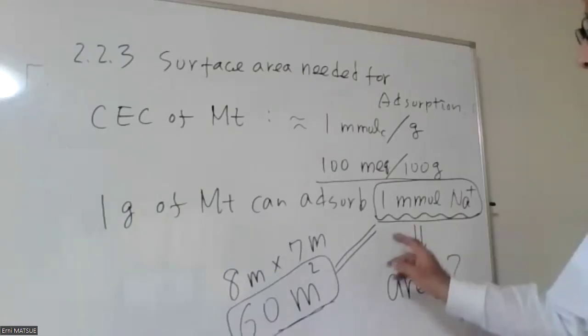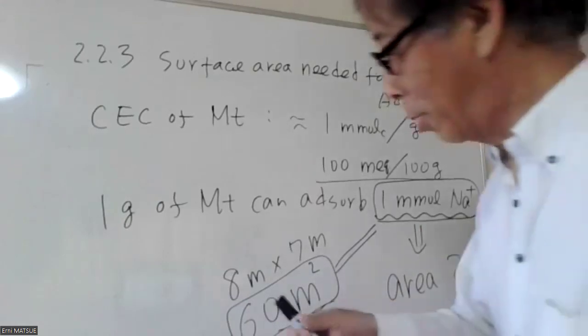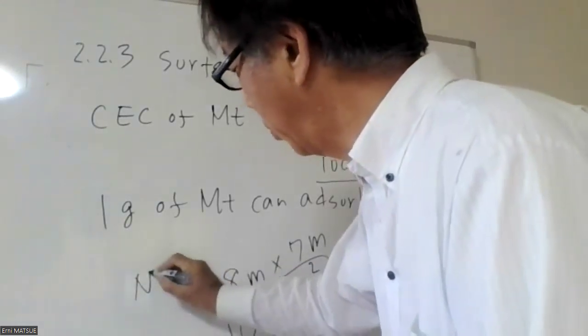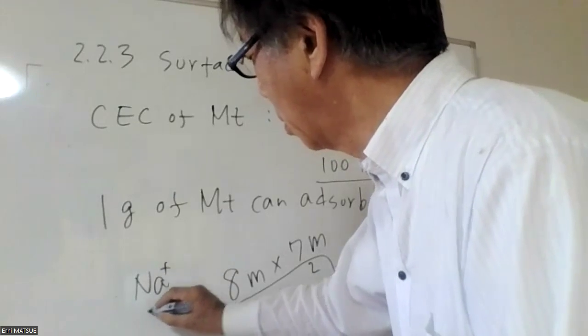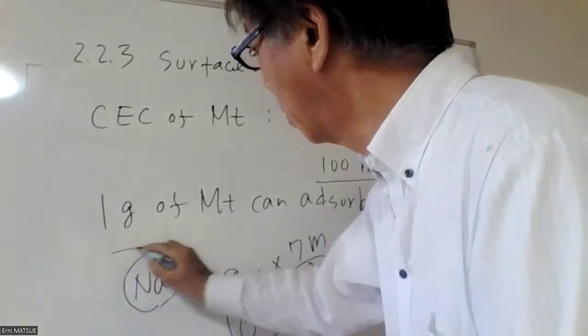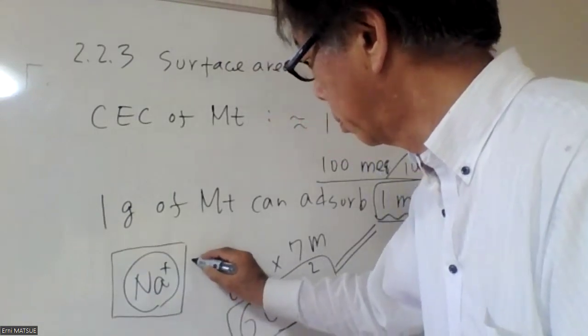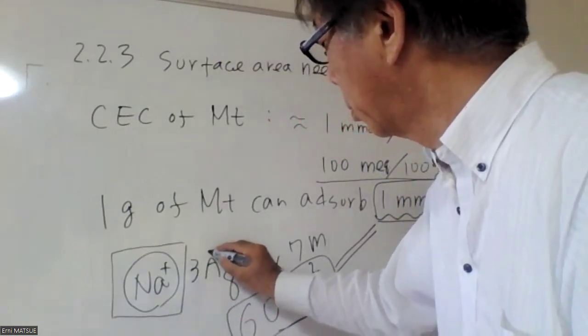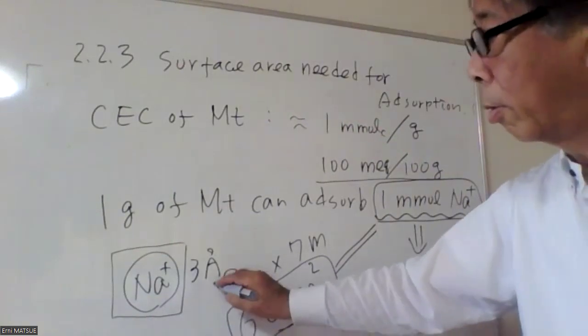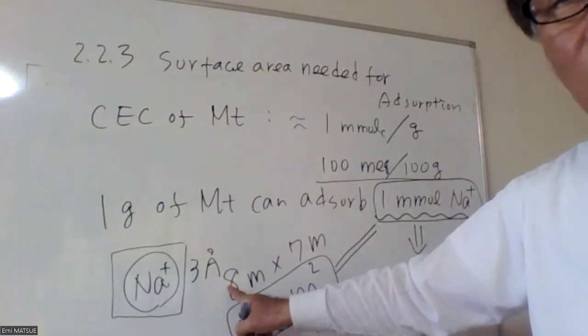Yeah, this is true. For example, Na plus, do you know 3 angstrom? Angstrom, 10 to the minus 10.